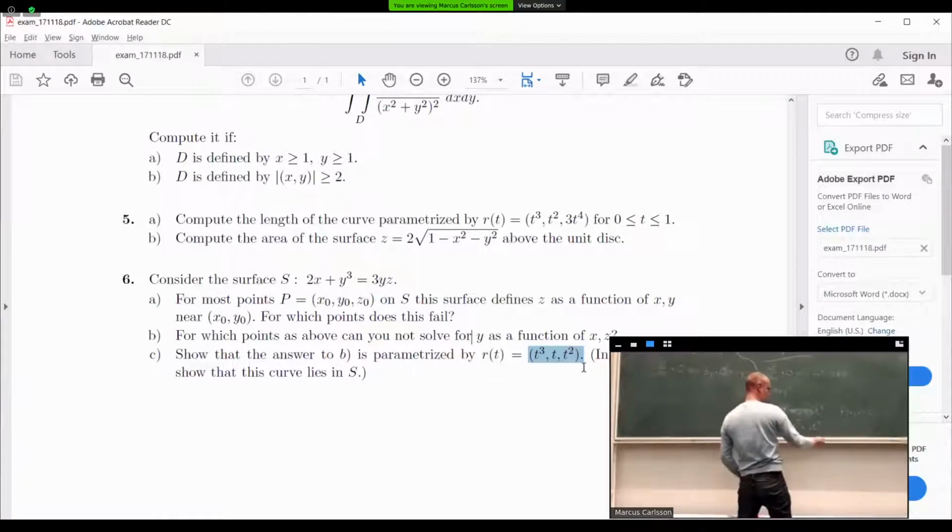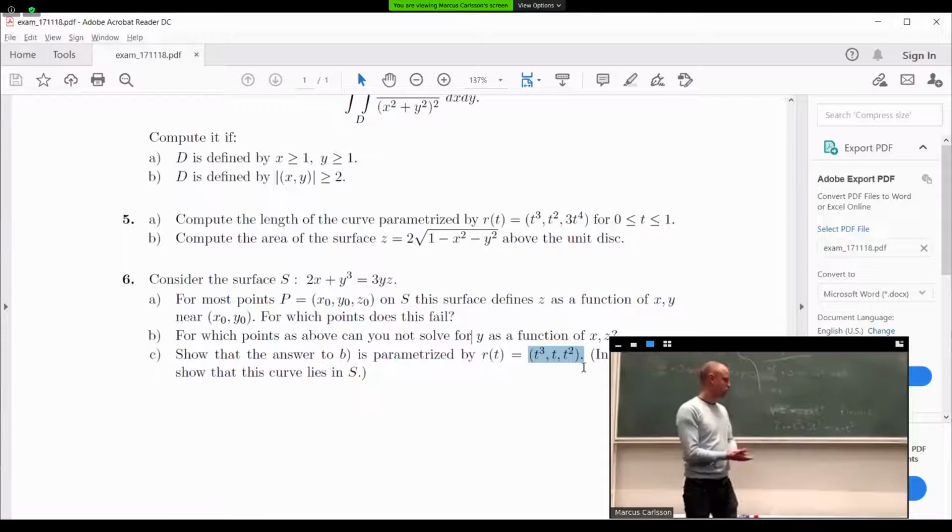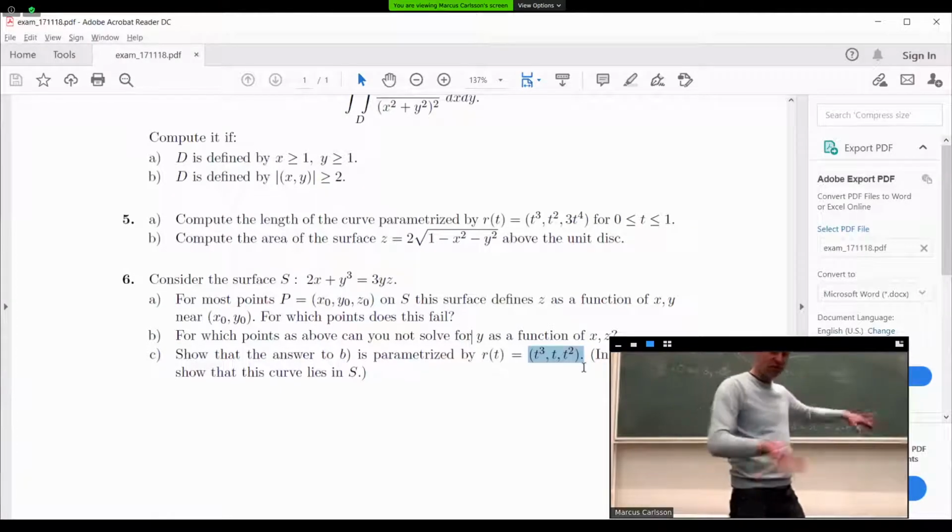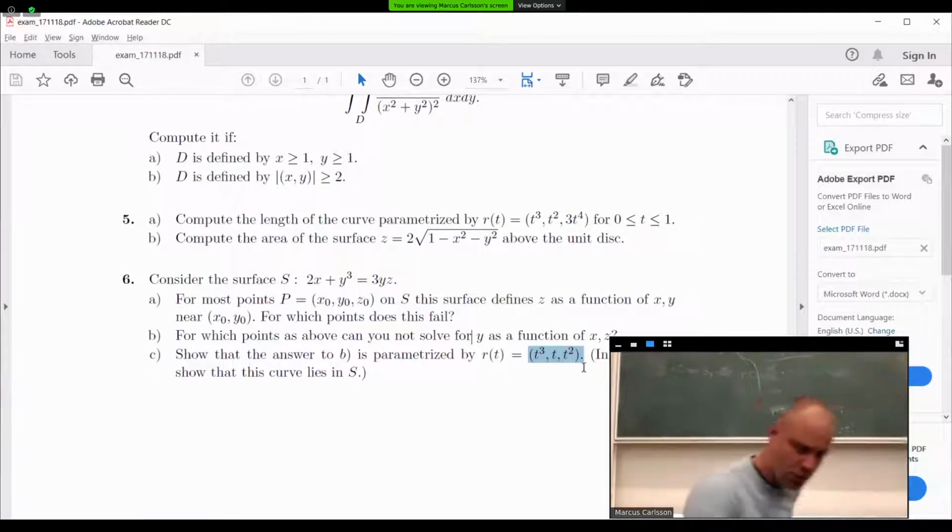I get a 2, I cancel the 2, so I get that x should be equal to t^3. So then we see that all the points on this surface where you can't solve, or potentially can't solve, at least y as a function of x and c are lying on this curve here, parameterized like this.